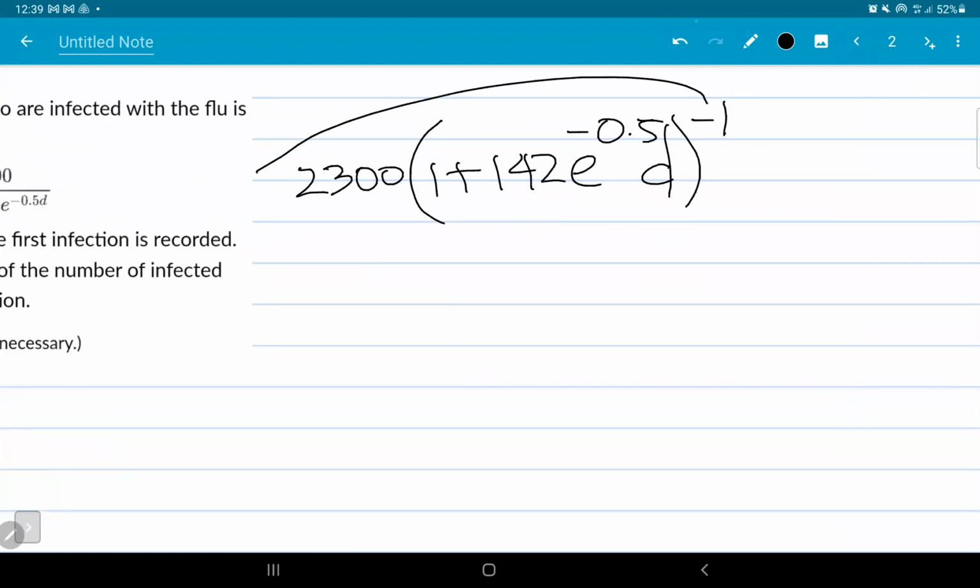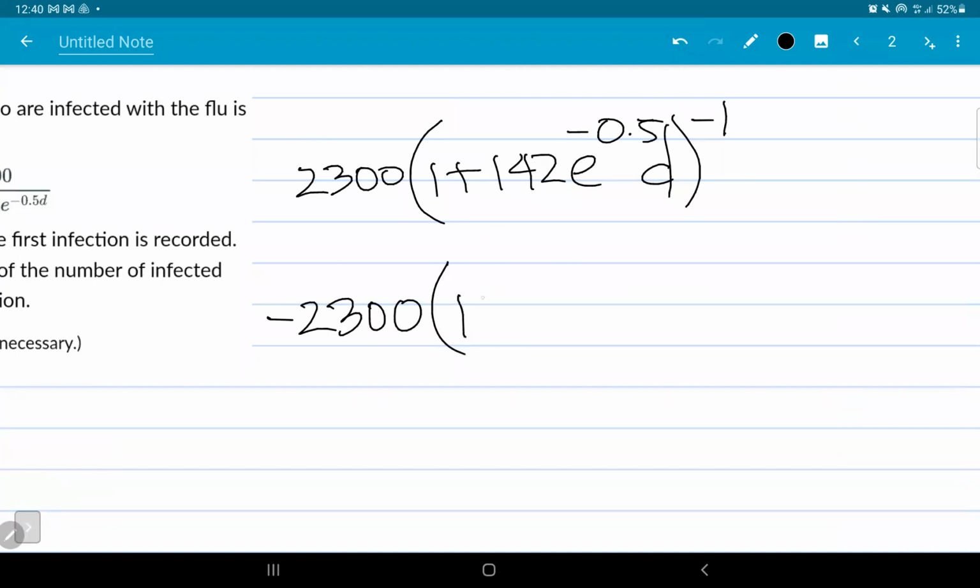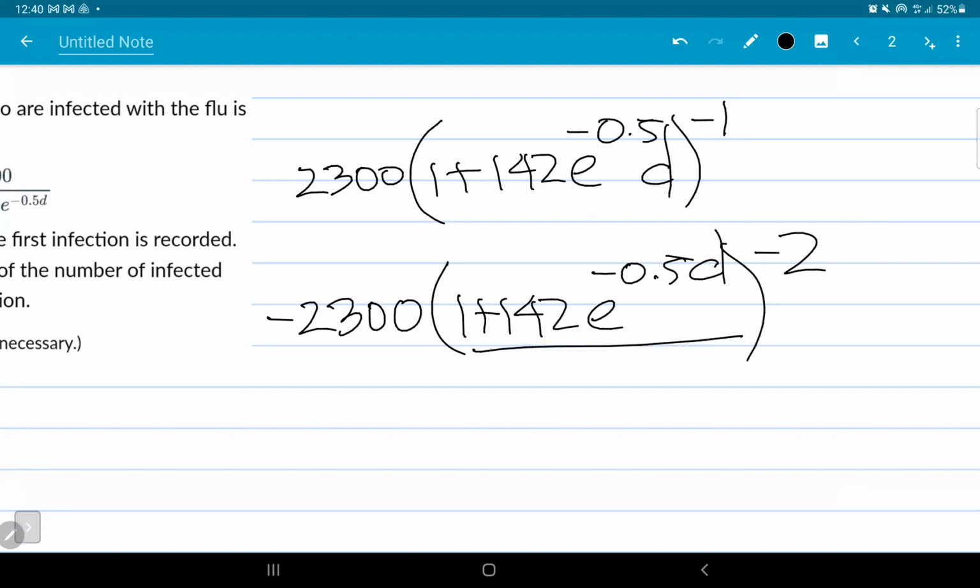So bring down negative 1. And then subtract 1 from the exponent. Sorry, nandito yung d. And then you differentiate the base.